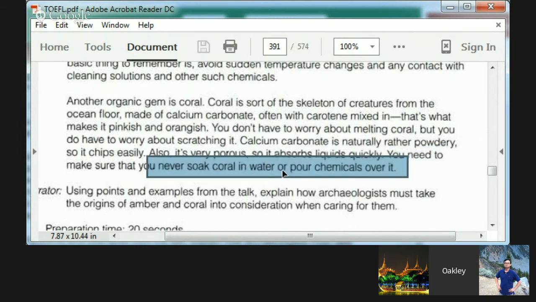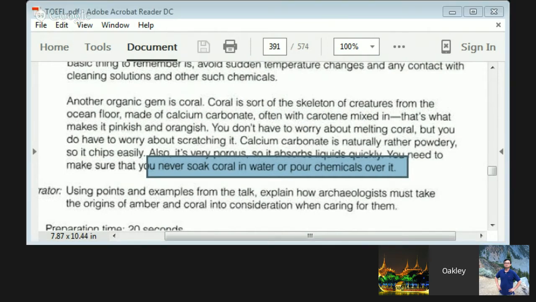Water, chemicals. Sometimes when I'm making notes, I'll do things like this. If it's a process, I'm going to use arrows. Maybe I'll circle important nouns.